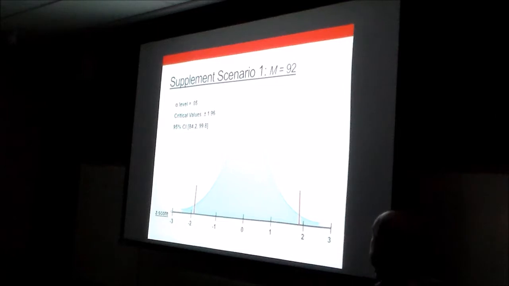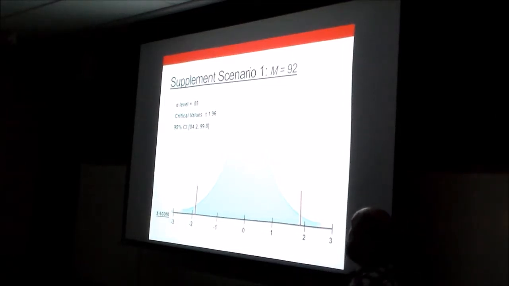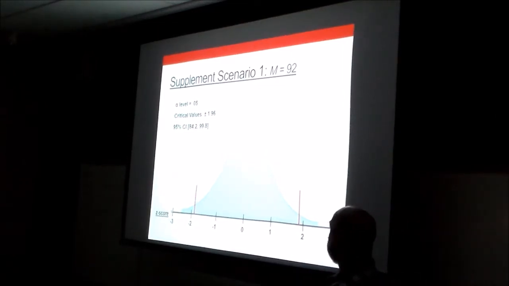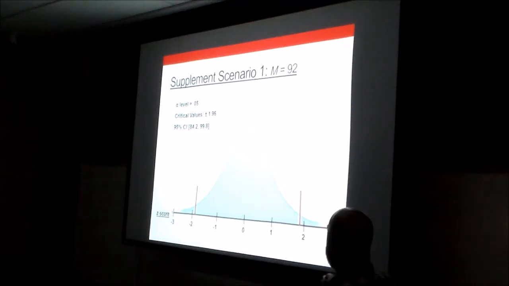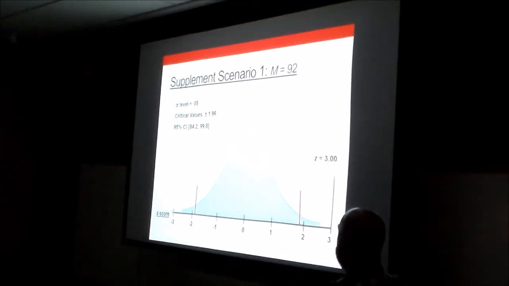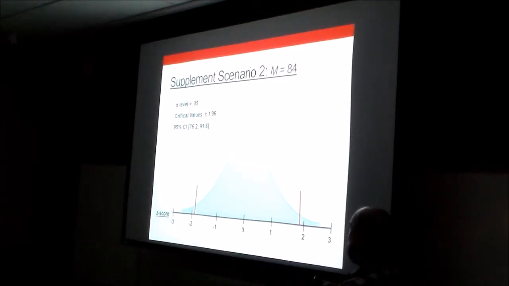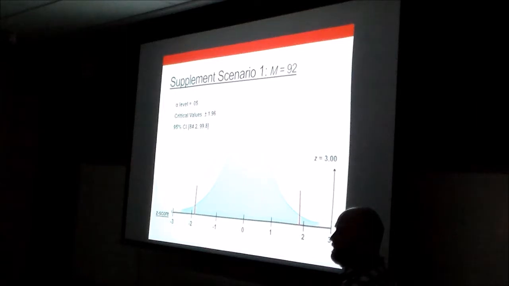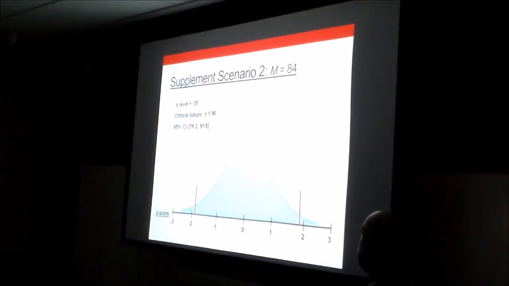So, scenario one, where we found a mean of 92. Here are our markers for our z-scores, right? Here's where our test statistic fell. And so we would say this has fallen within our critical region, and we would reject the null hypothesis. Scenario two, with a mean of 84. Markers are the same.